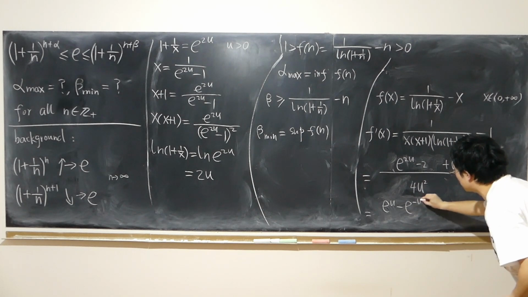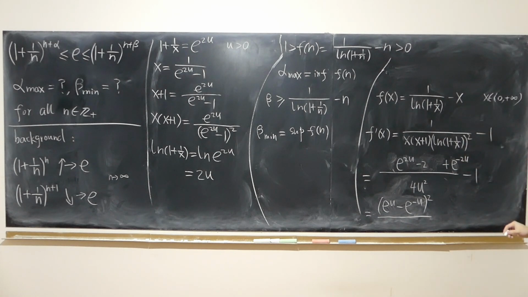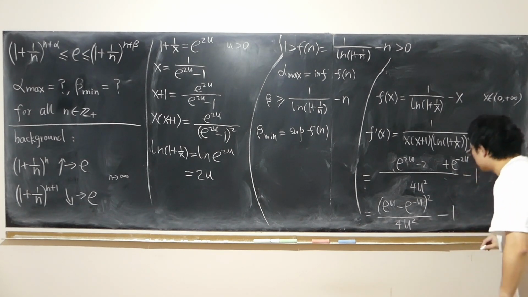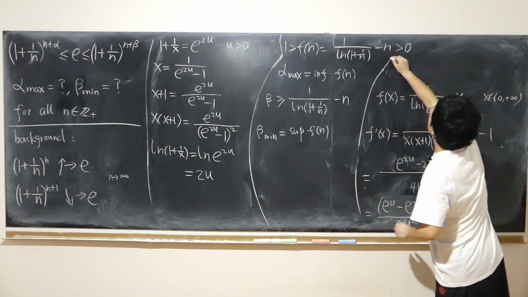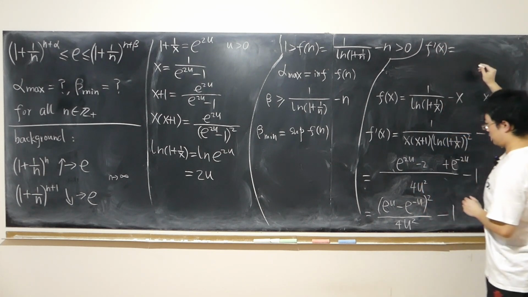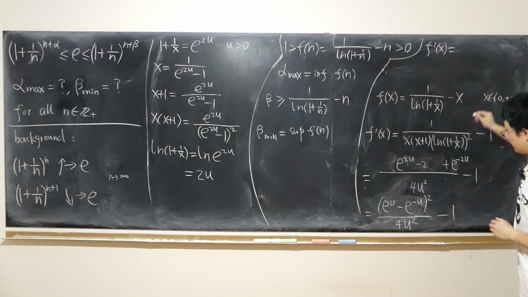Minus e to the negative u, squared. Right, this is a perfect square, times 4u squared, minus 1. So that is just, so the derivative, just rewrite the perfect square, combine the perfect square.